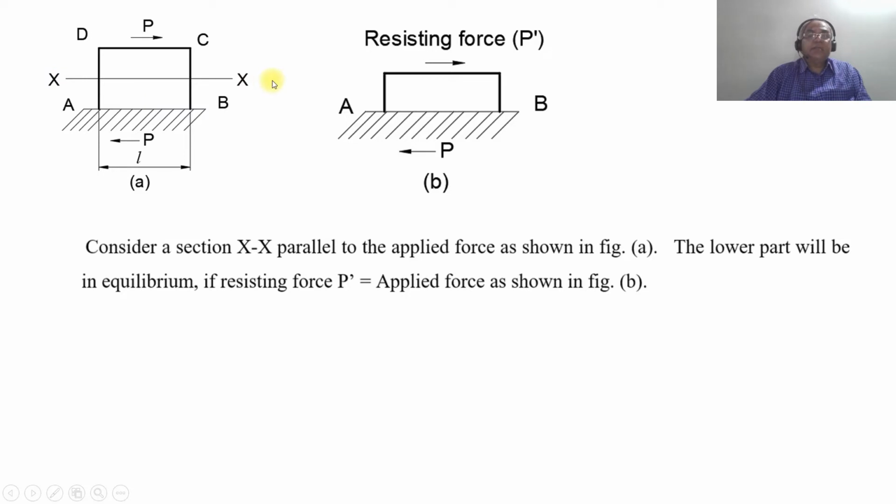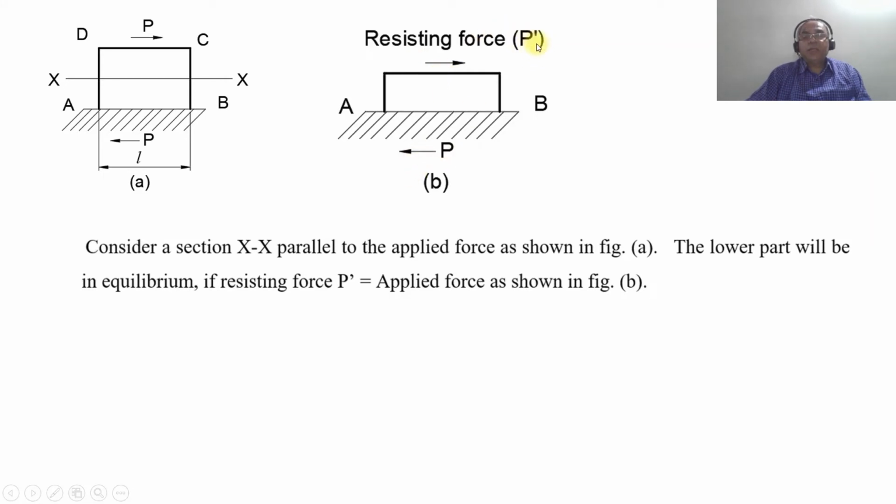But when you are considering the section, what happens? Naturally, the lower part will not be in equilibrium, because the force is applied in this direction, but here we don't have any force because we have considered the section. So in order to keep this body in equilibrium, since the shear load is acting in this direction, there should be a resisting force whose magnitude is equal to it.